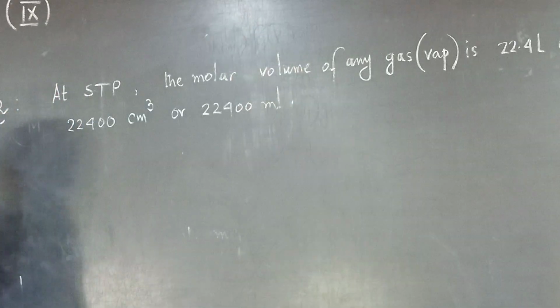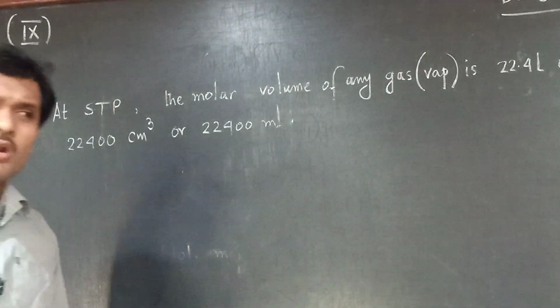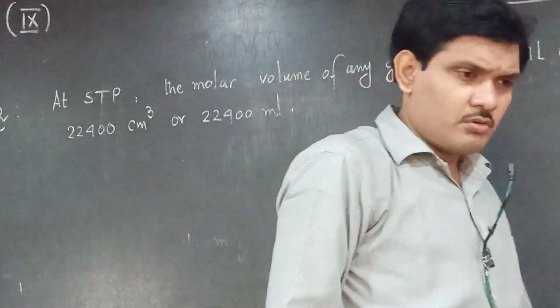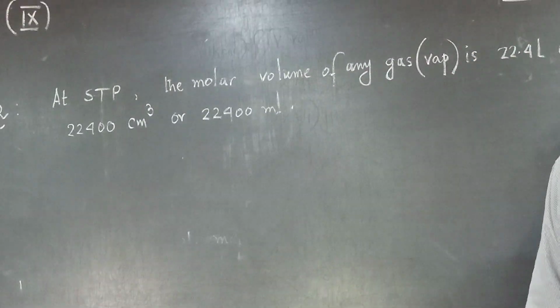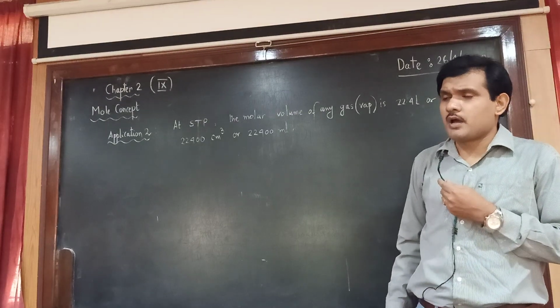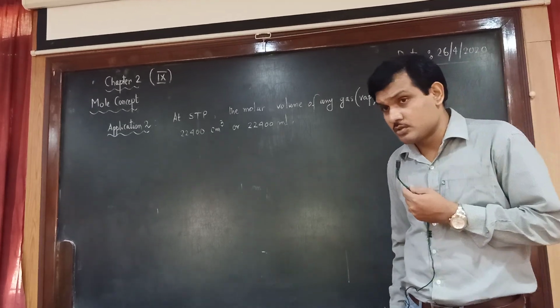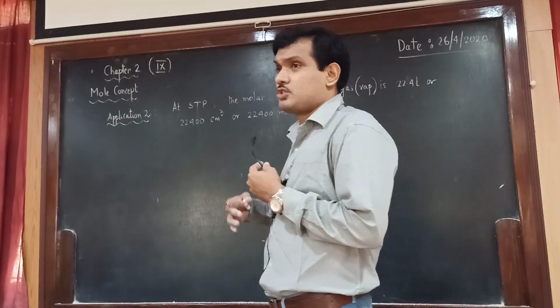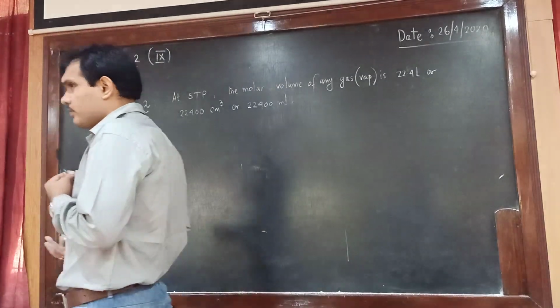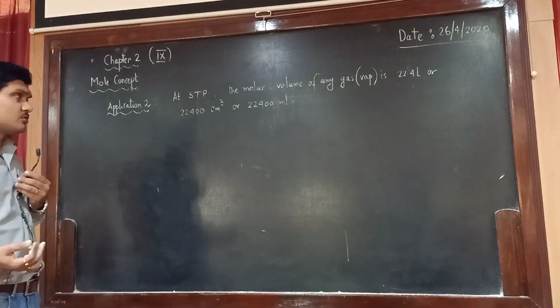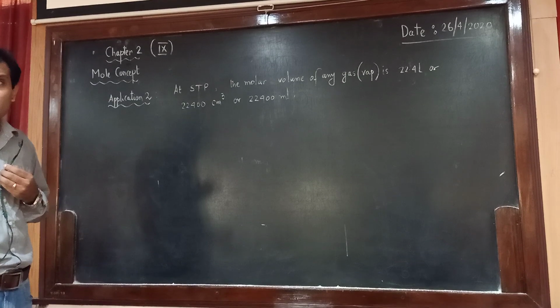This is the statement. What is molar volume? Molar volume means the volume occupied by 1 mole of a gas. What is 1 mole? 1 mole means molecular weight expressed in gram, that is called the molar mass.